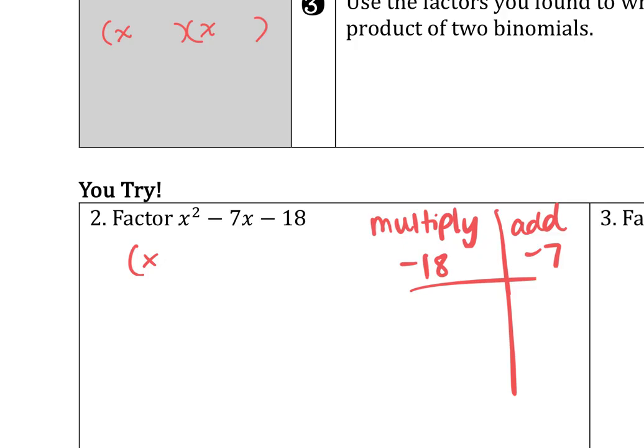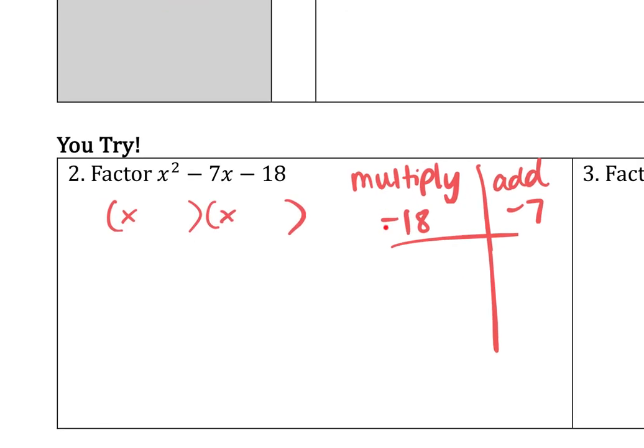What do you know, if our product is negative, what would be true about the two integers? Yes, one's negative, one's positive. Very good.